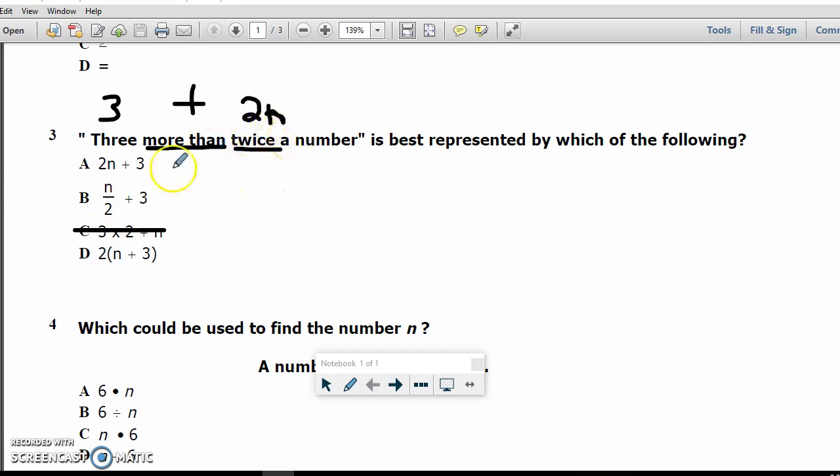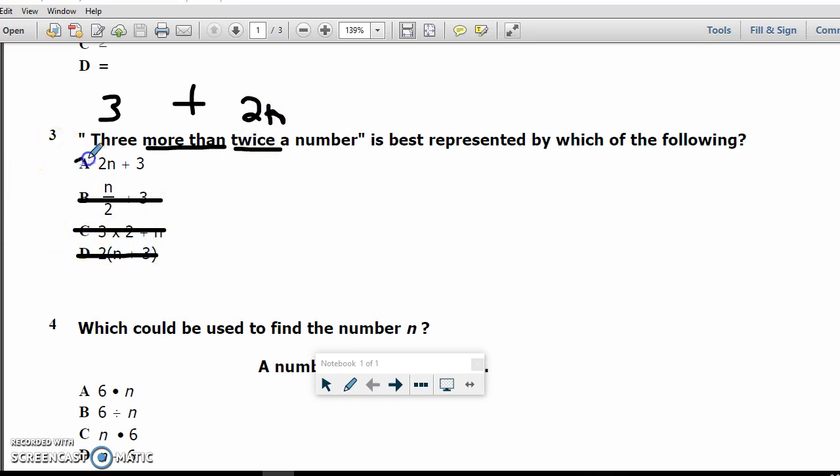Twice means you're multiplying, so we're going to take out B. Also, D will not work. The reason D does not work is that in D we are adding our unknown number just to 3, but we're actually multiplying our number by 2 first. So in this one, you're only adding 3 to the number, so that will not work.